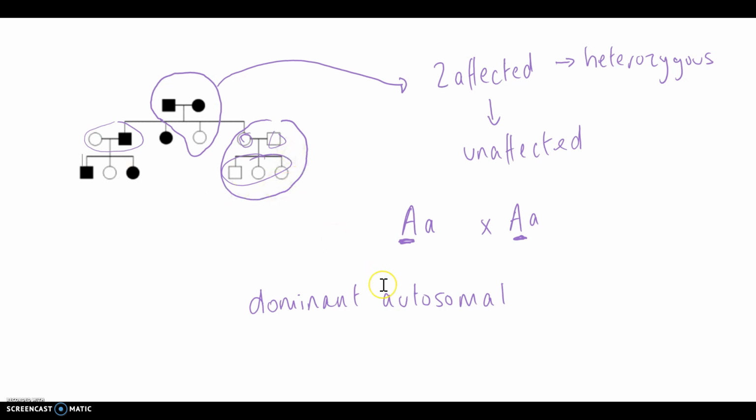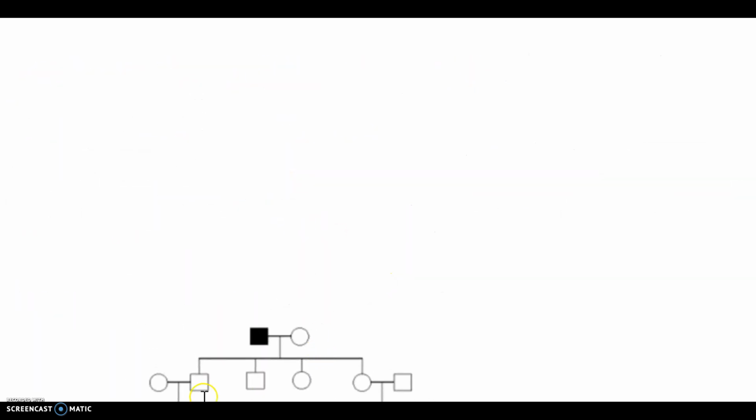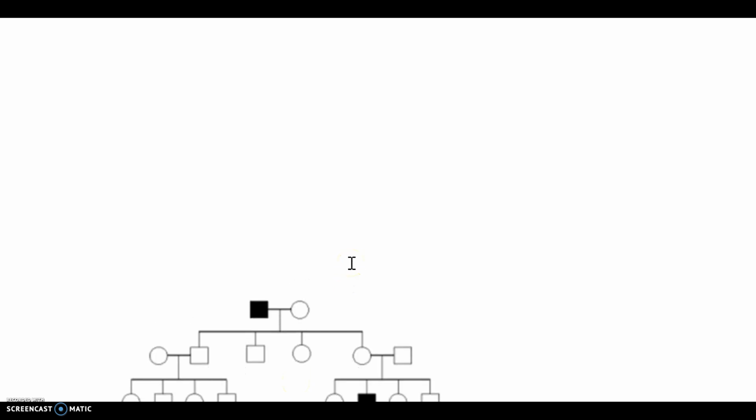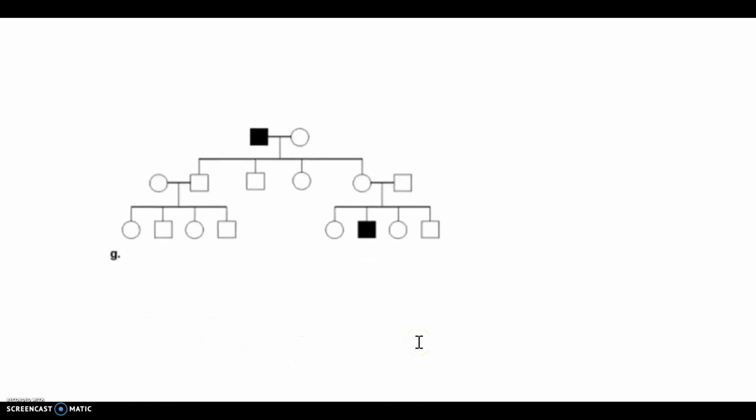If we now look at this setup, and I ask my first question again, is there an even distribution of males and females? Well, you can see very clearly, no, there is not.